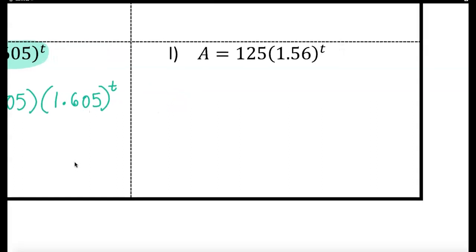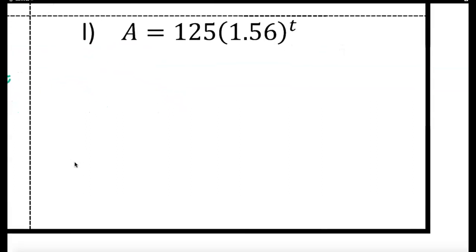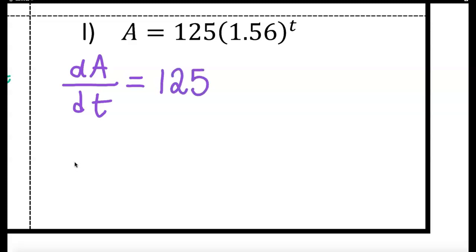How about this? Almost the same, isn't it? So, what is dA/dt? You're hearing a little infant singing. dA/dt. That is, well, 125 can wait. Agree? 125 can wait. But now we need to find the derivative of 1.56 raised to the tth power.